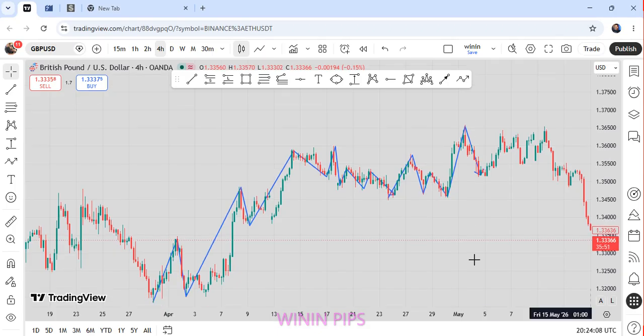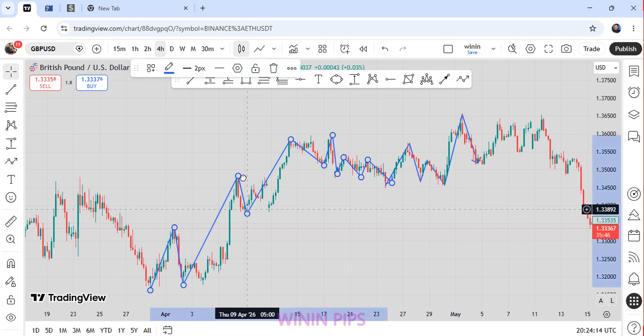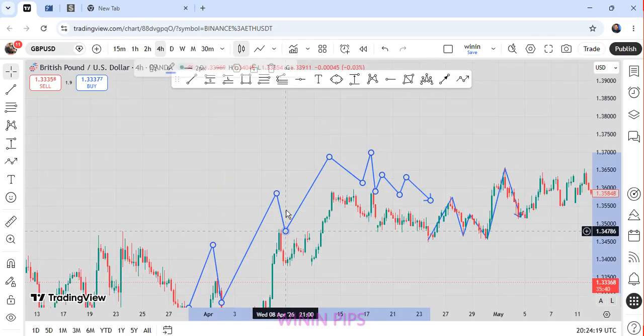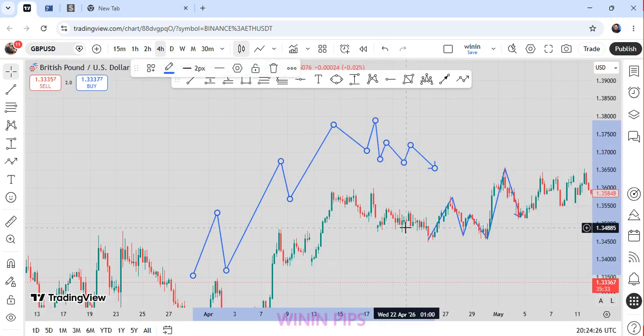You see that? So let me pull this backwards a bit so that you look at something from the real chart, from the real market.